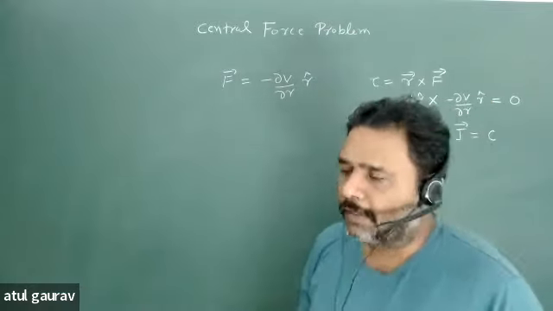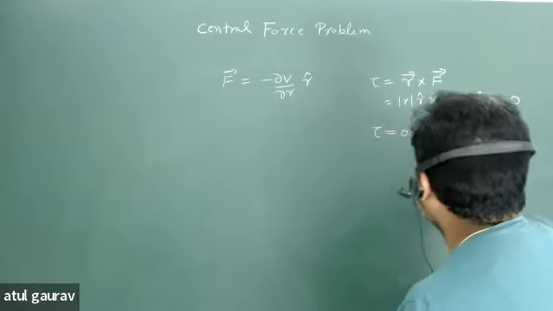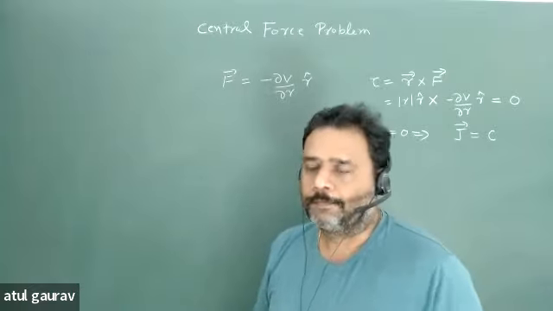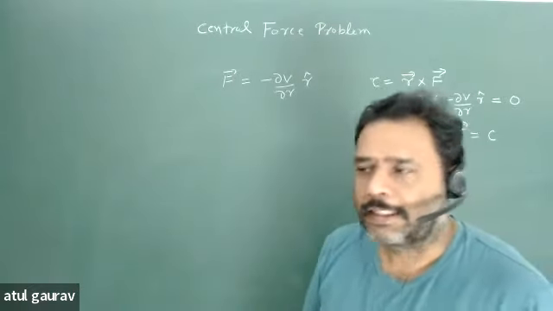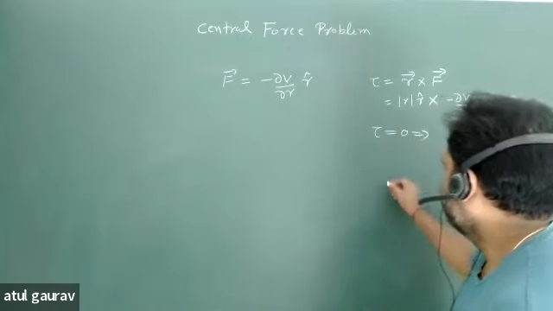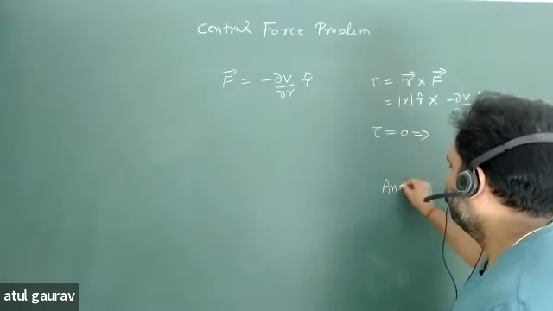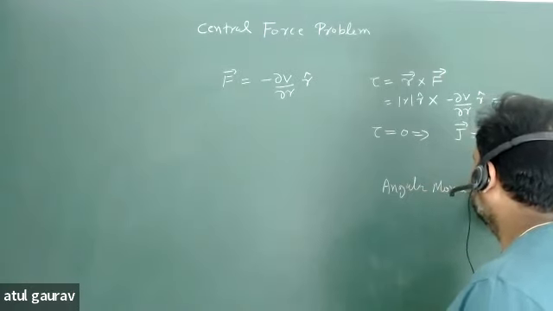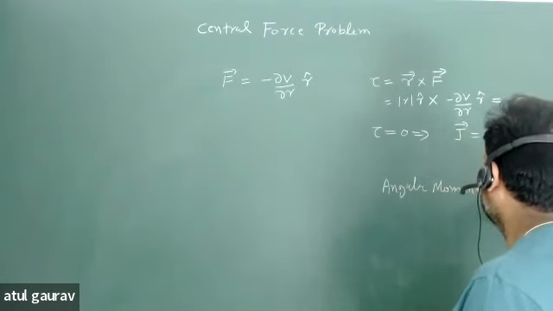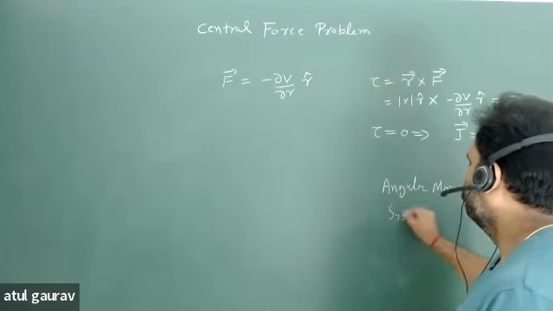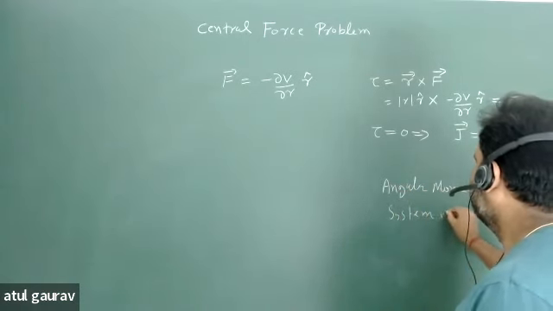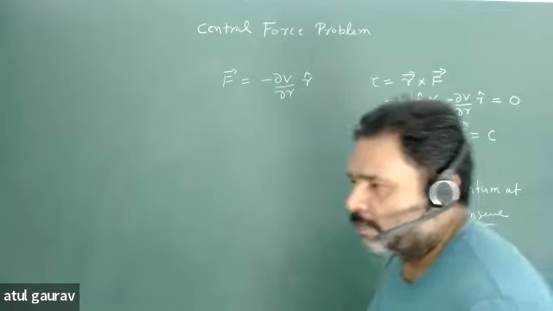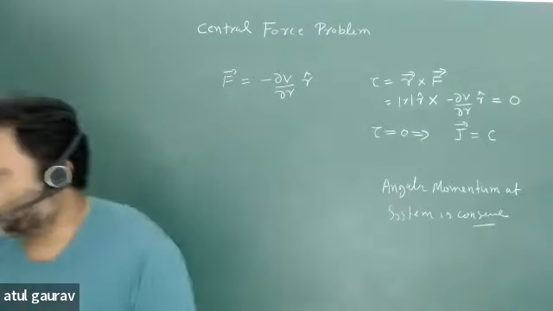So the first thing we have learned is that the angular momentum of a system is going to be conserved whenever your force is central in nature. Angular momentum of system is conserved.